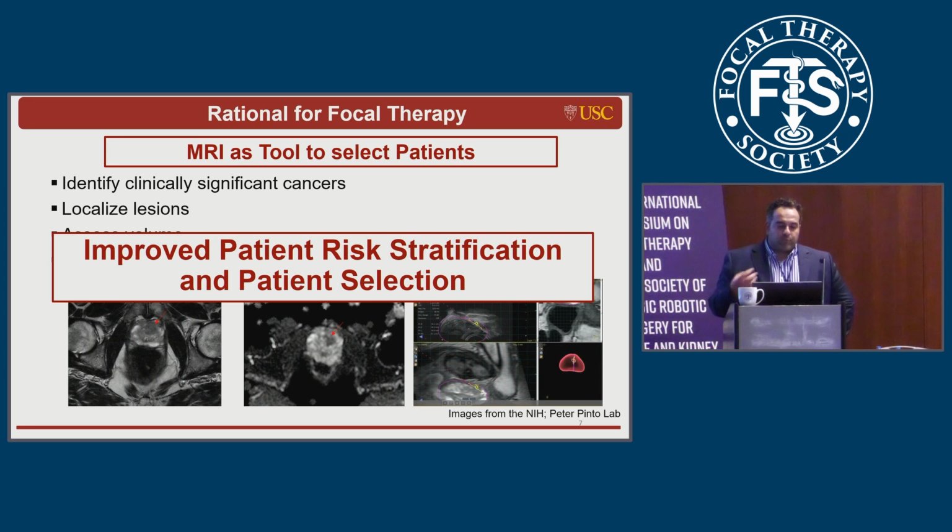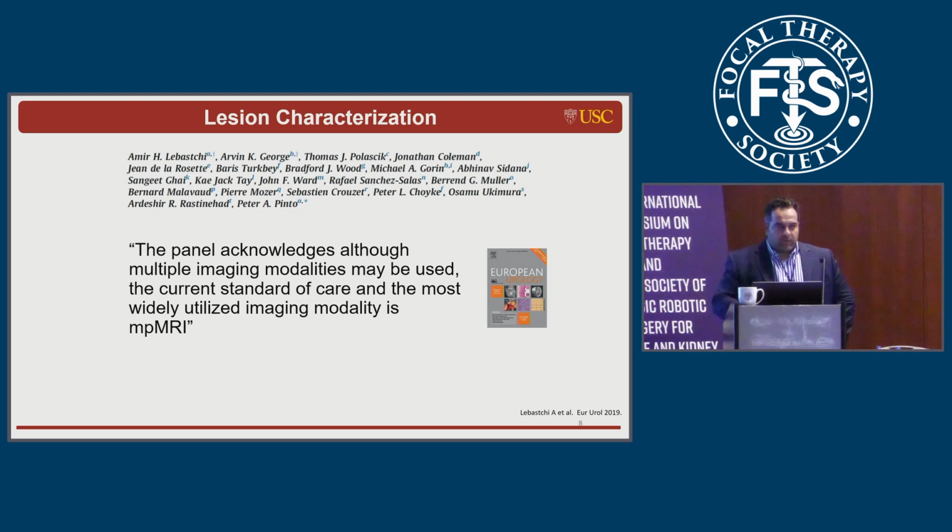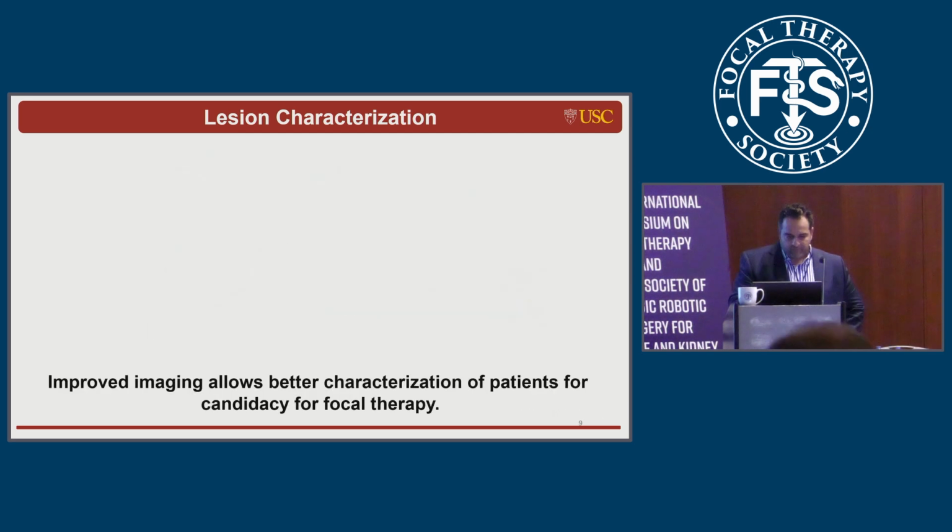So there's improved patient risk stratification and patient selection by using better imaging. And yes, there was a Delphi consensus, now published 5 years ago, and the panel acknowledged back then that multiple imaging modalities are available, but the current standard of care is MRI, and it's most widely used and we have most experience with. But improved imaging allows better characterization.